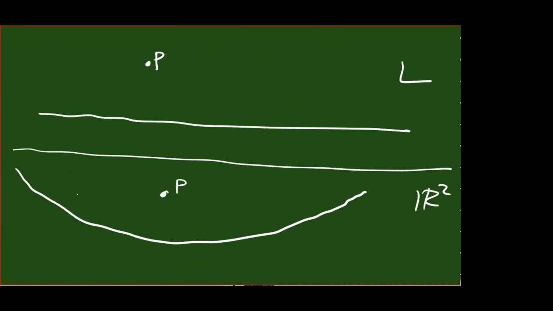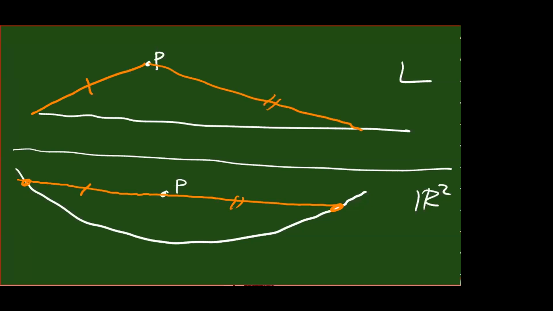It must be convex, but if it's not a line, then it's easy to see that there is a chord of this curve that passes through P. This is the same as that one, and this part is the same as the length of this arc.